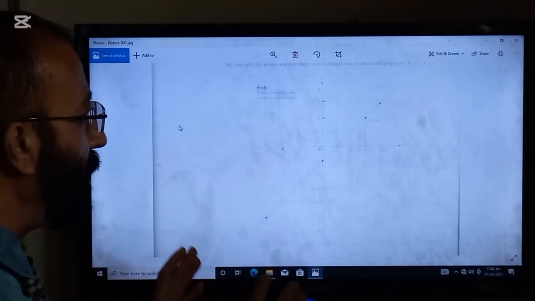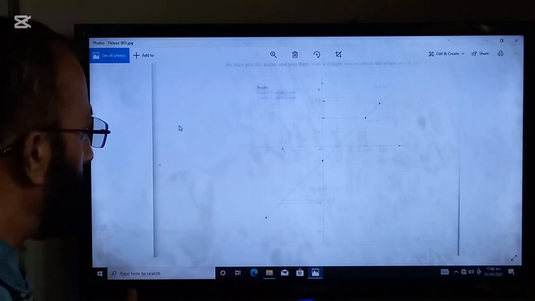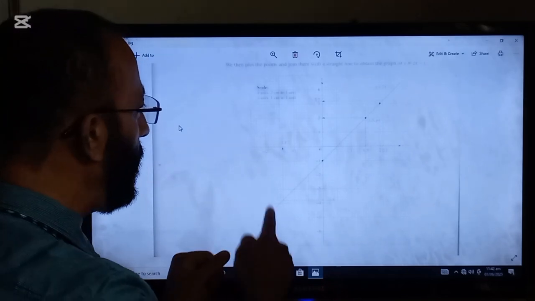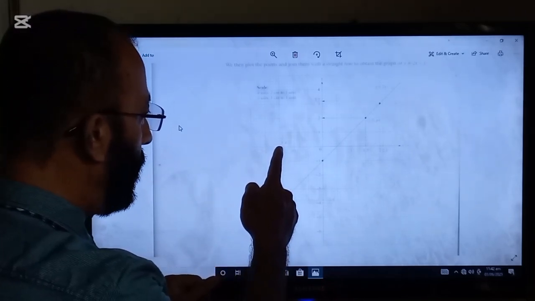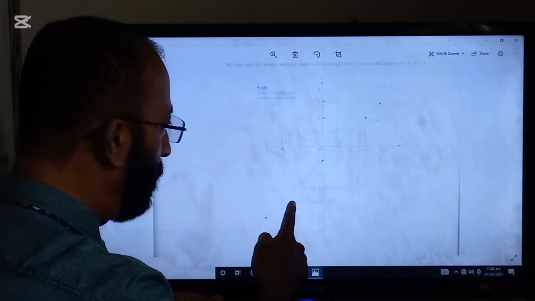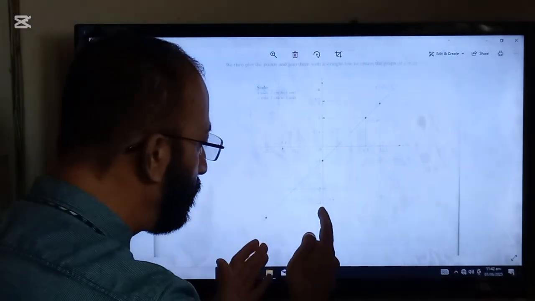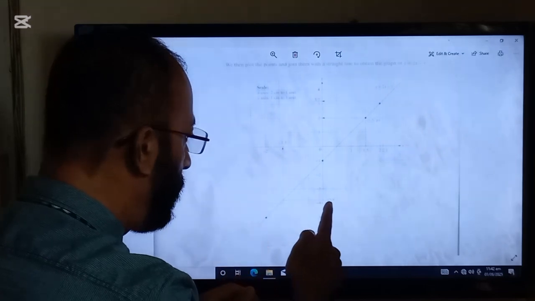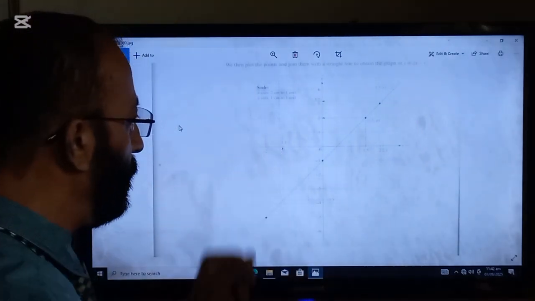And finally, we will find the values that were required in the question. So from the graph, you can clearly see when x is minus 1.4, the corresponding value of y will be minus 3.8, or when y is minus 3.8, the corresponding value of x will be minus 1.4.